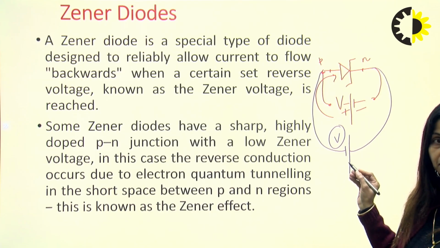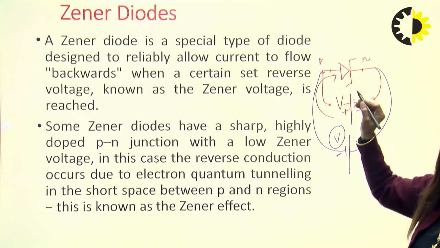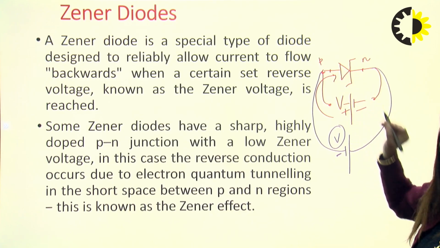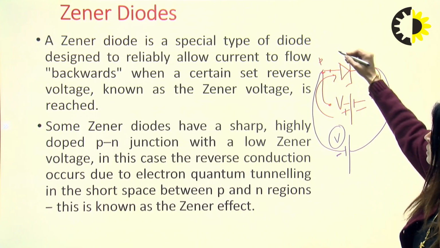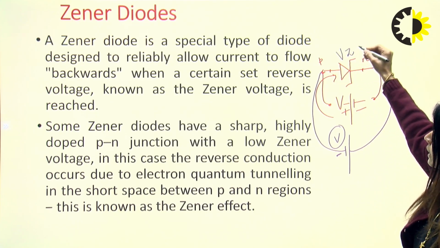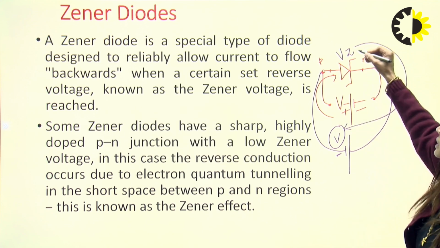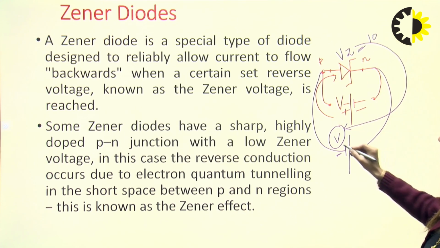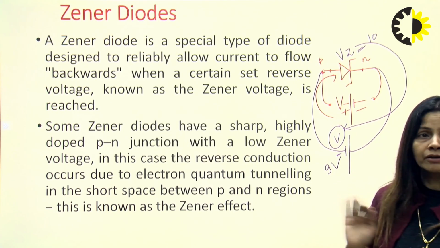Here the Zener diode will see its cutoff voltage Vz. Let's say it is 10 volts and we are applying V as 9 volts. It will behave normally.